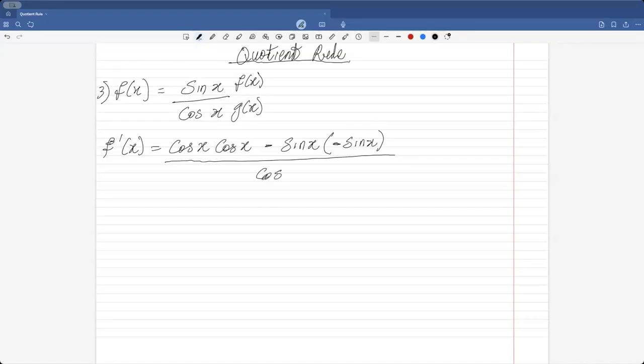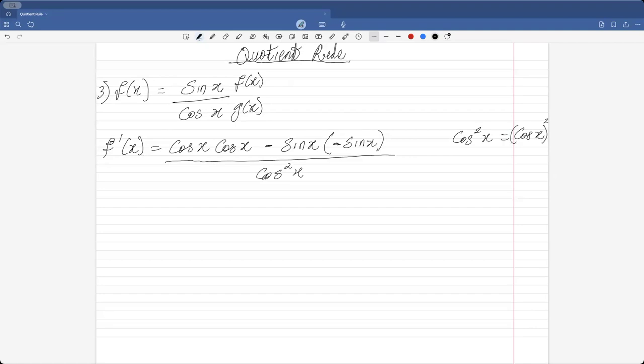cos square x. You can also say cos x all in parentheses raised to the power of 2. Or you can write cos square x. They're still the same thing. So what I'm trying to say is that cos square x is the same thing as cos x all to the power of 2.